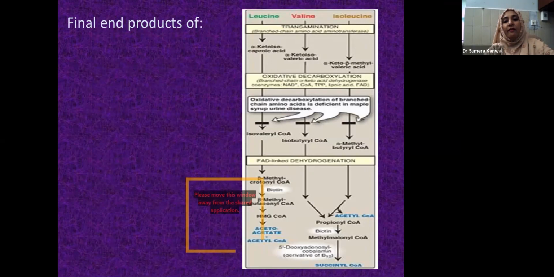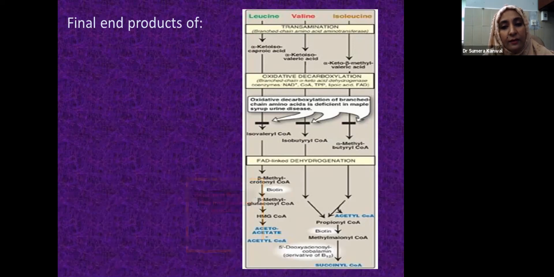So leucine, valine, and isoleucine, we have three types of branch chain amino acids. Upon transamination, they become their respective alpha keto acid. Upon oxidative decarboxylation, in the presence of enzyme dehydrogenase or decarboxylase, they become their CoA derivatives.